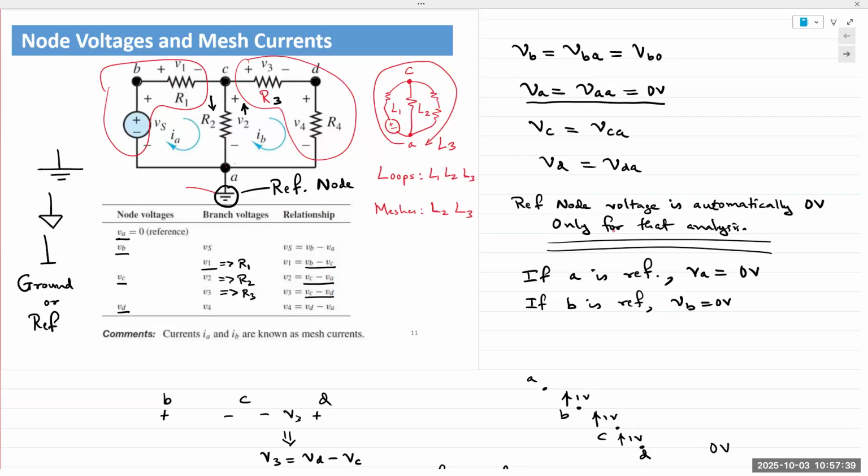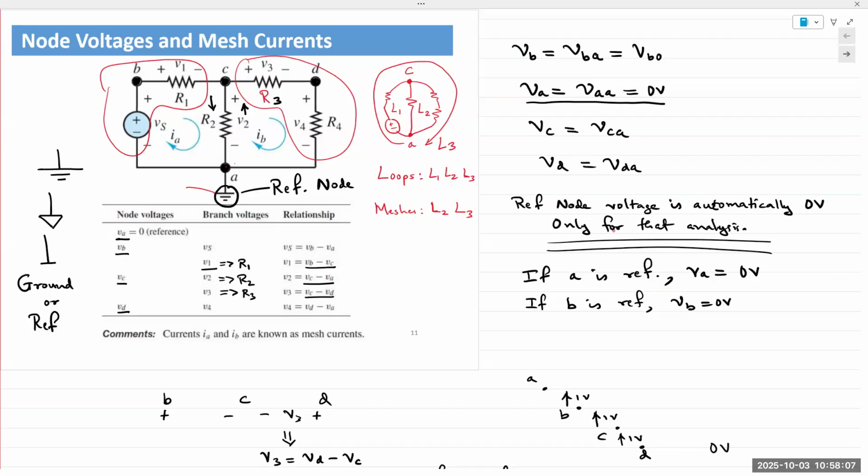Okay, so node voltage analysis, we choose a reference node. That's the absolute first thing to do. It's the most important, because once you choose a reference node, meaning if I have the floor as my reference, what is the height of that floor as measured with the reference? 0.